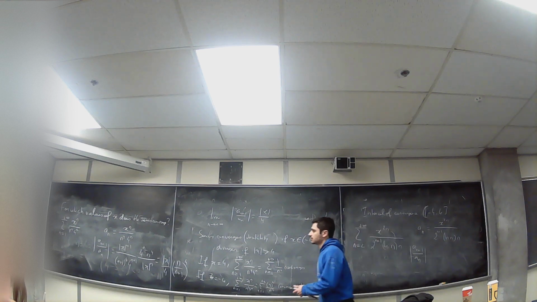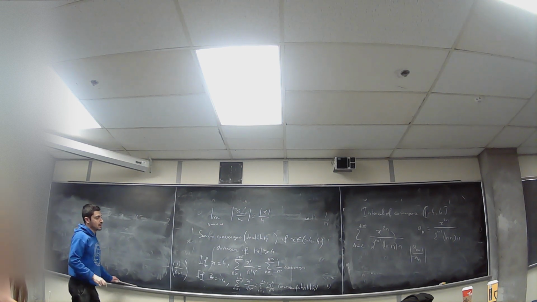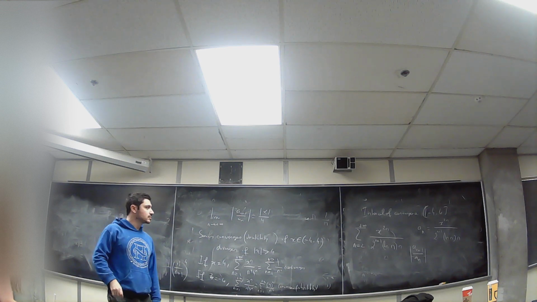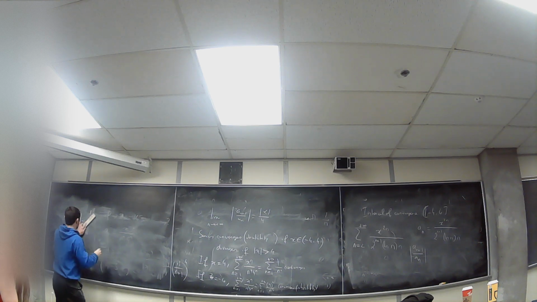Guys, let me write this here. What is a_{n+1} over a_n? So let's write this down. The first term is just x to the 2n plus 2, in absolute value.